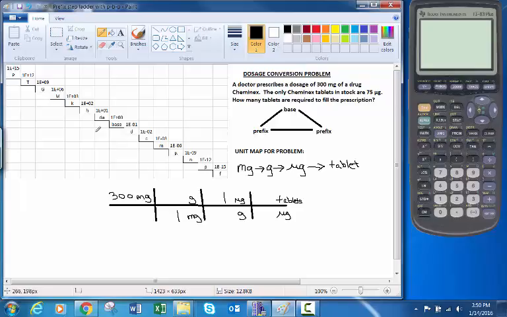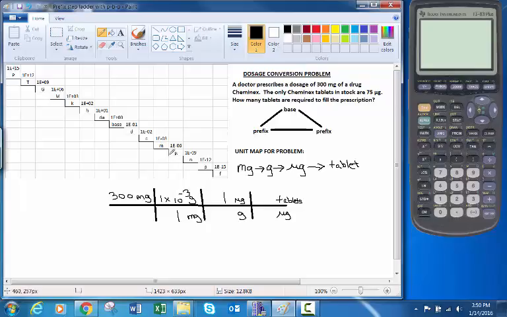Now let's look at our stair-step prefix ladder to determine what number needs to be put with gram. Milli corresponds to 1 times 10 to the negative third, so that's the number that we're going to put with our gram here.